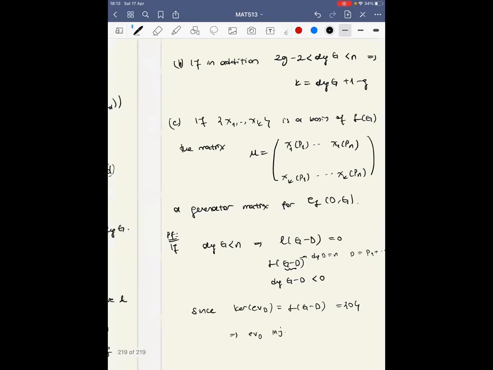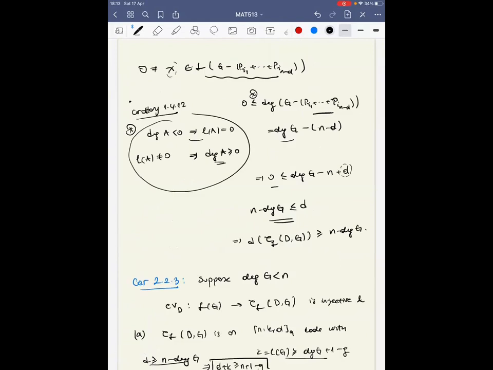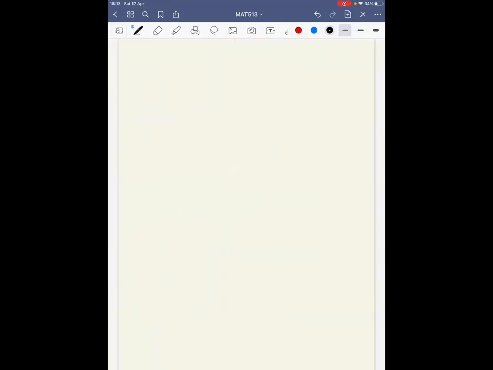And for the parameters which appear in part A, we can directly use theorem 2.2.2, the previous theorem, where we showed the minimum distance is bounded below by n minus degree G, and because of the injection, we get the dimension of L of G. And by Riemann's theorem, we know that the dimension of a divisor is always bounded below by its degree plus 1 minus g.